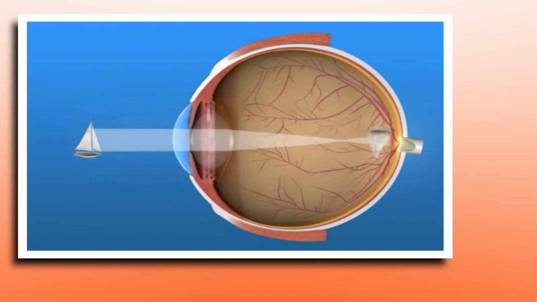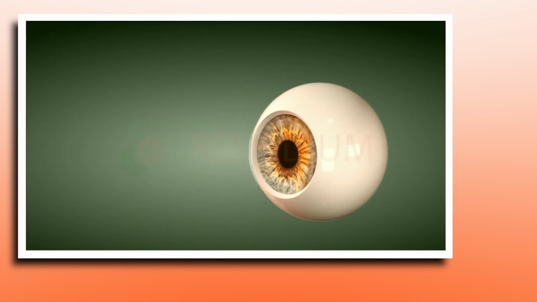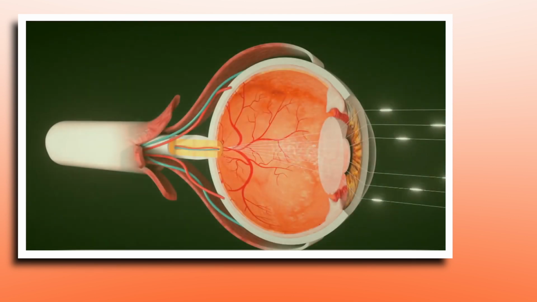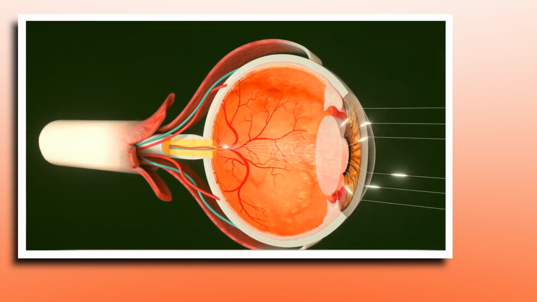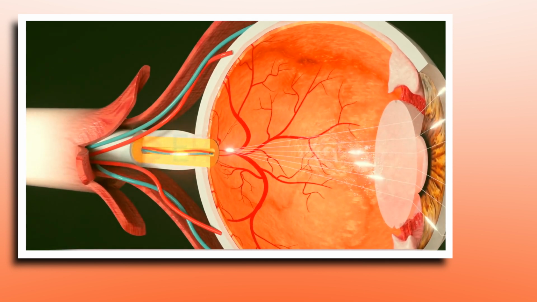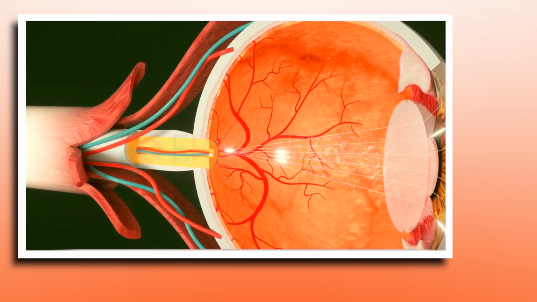For distance vision, you see a different type of accommodation. For near vision, you see a different kind of accommodation. For near vision, the ciliary muscles contract and the central lens thickens, increasing its power.